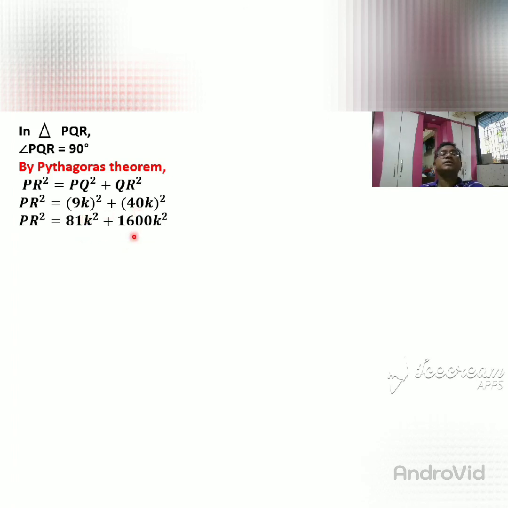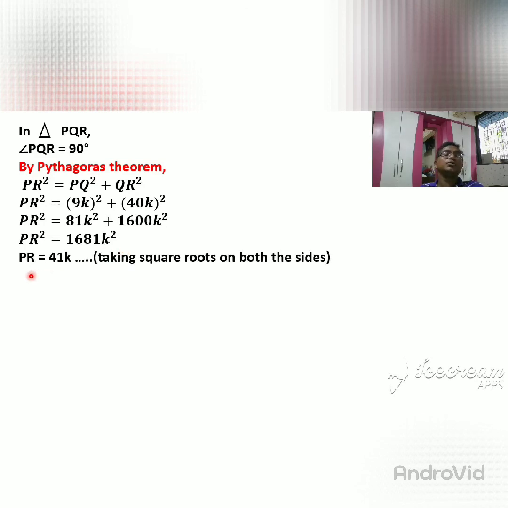So 81 plus 1600 gives 1681k square. So PR square is equal to 1681k square. Taking the square root of both sides, you get PR is equal to 41k.